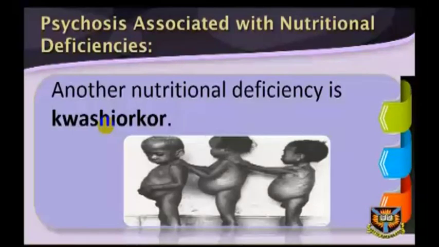Korsakoff psychosis is another condition associated with thiamine deficiency resulting from taking too much alcohol. It is a cognitive malfunctioning condition. This condition is usually irreversible, and its essential symptom includes memory impairment, especially those concerned with registration of information.